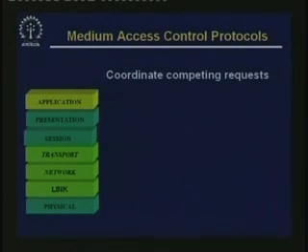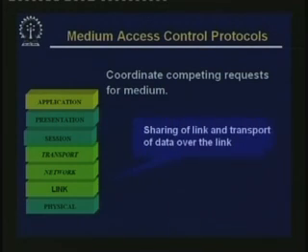Now, what medium access does is it coordinates competing requests. Requests for what? For the medium. That means there is a medium which may be an object of contention, meaning that several nodes may want to use it, and the medium access control protocol has to do with how to handle that.